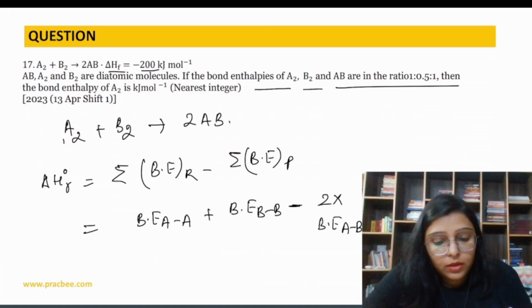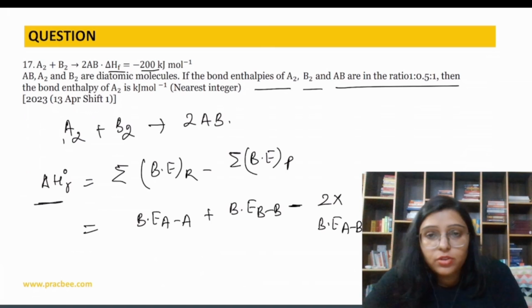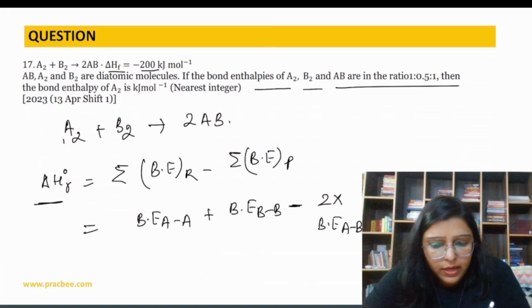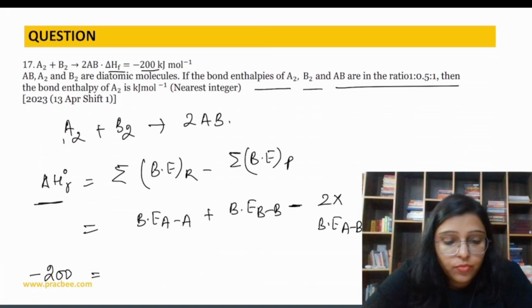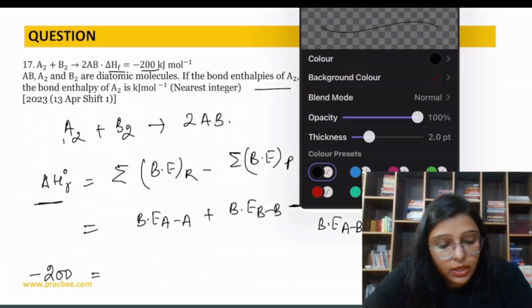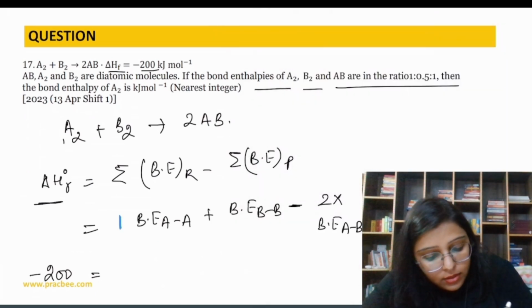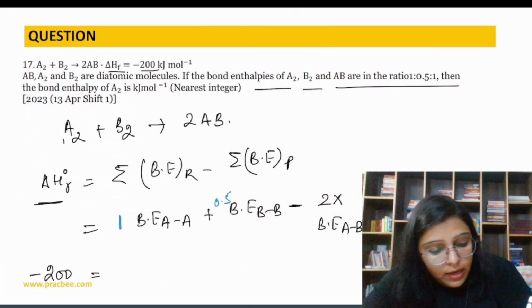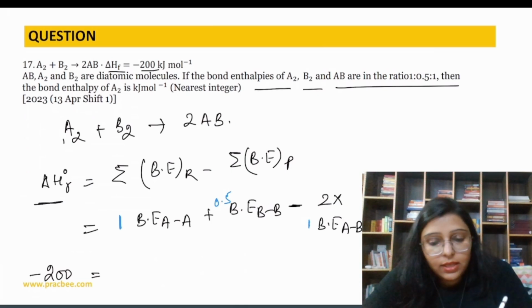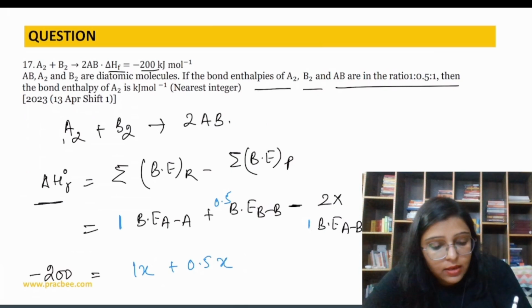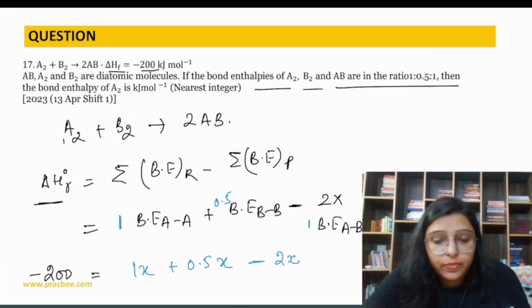Okay, so delta H naught reaction is the formation, so that is minus 200. Now they are in the ratio of 1 into 0.5 into 1. So we can say this is 1, this is 0.5 and this is going to be 1. So we can say this is going to be 1x plus 0.5x minus 2x. Clear?